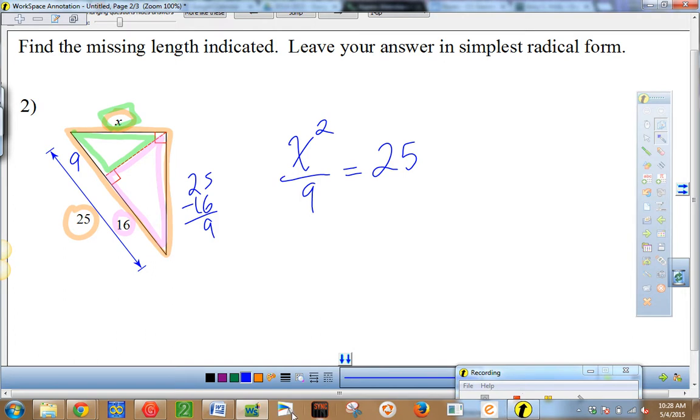Yes? No? Maybe? Possibly? Perhaps? Could be? If you have 9 quarters, how much money do you have? $2.25. Do you know what the square root of 225 is? 15. Very nice.